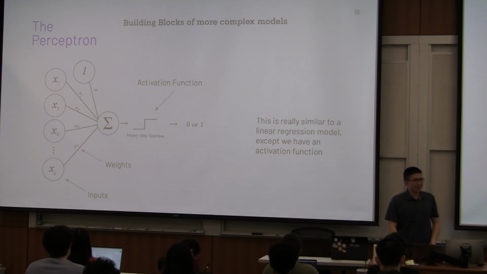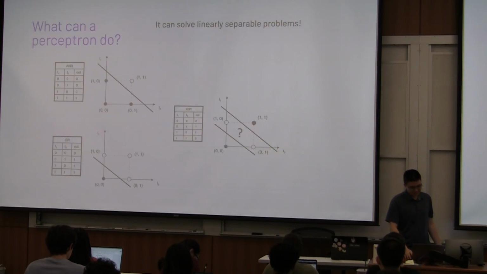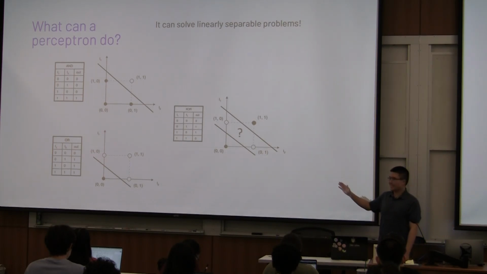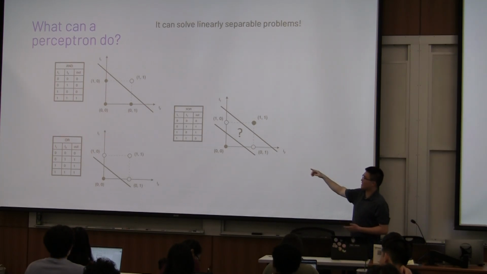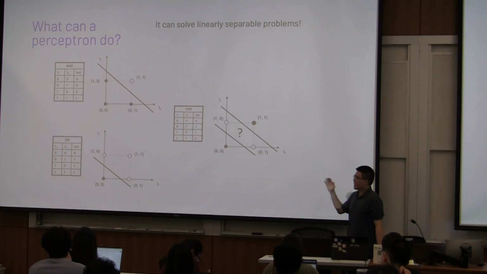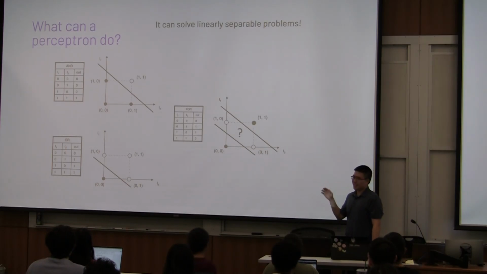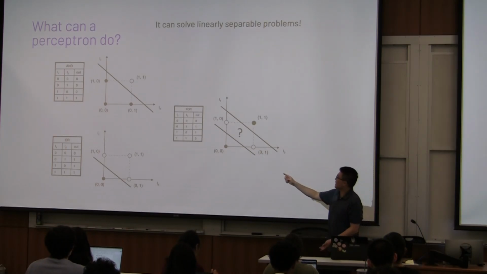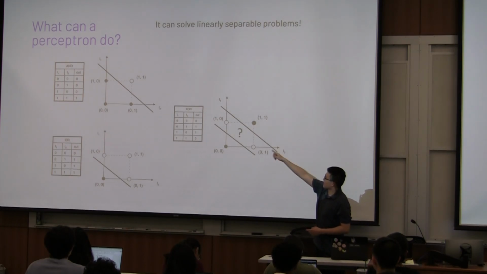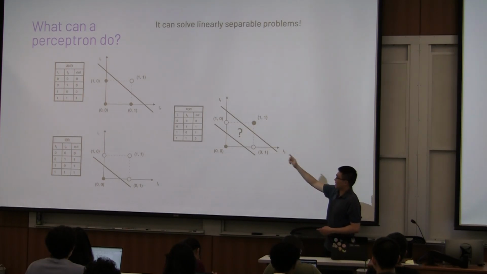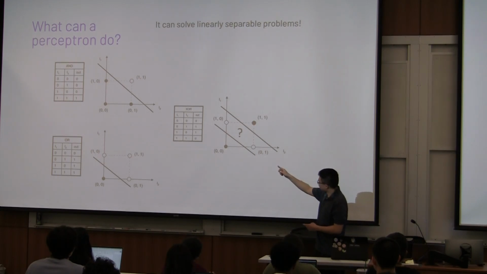So let's look at what a perceptron can do. We can linearly separate data. If the data is linearly separable, meaning we can draw a line that separates class 1 from class 0, we can make a perceptron that learns the function. Look at AND. If either I1 or I2 is 0, then it's black.